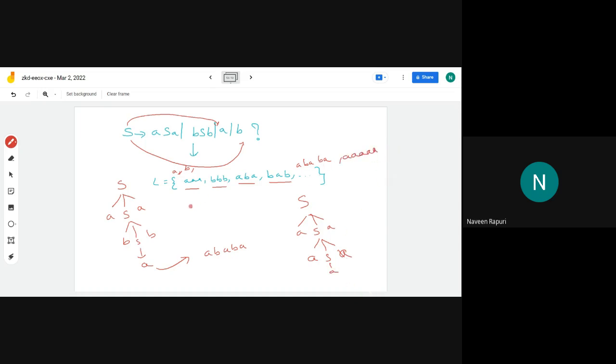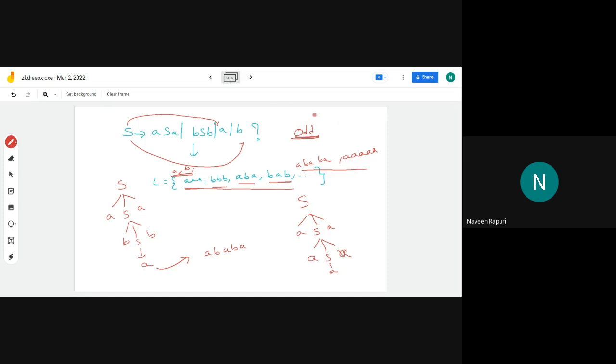Here if you see, 1 length strings are there, 3 length strings are there, then 5 length strings are there. All the string lengths are odd. The first point is the length of the strings is odd.